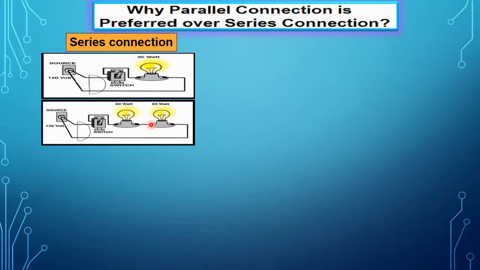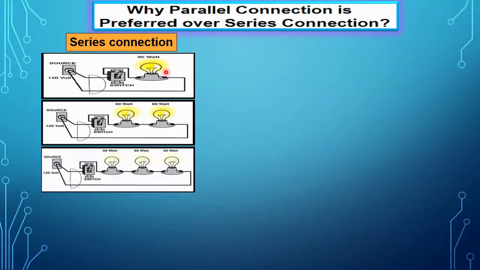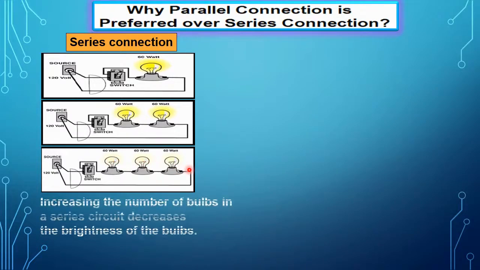If three bulbs are connected in series, their light output will decrease further. Therefore, increasing the number of bulbs in a series circuit decreases the brightness of the bulbs.